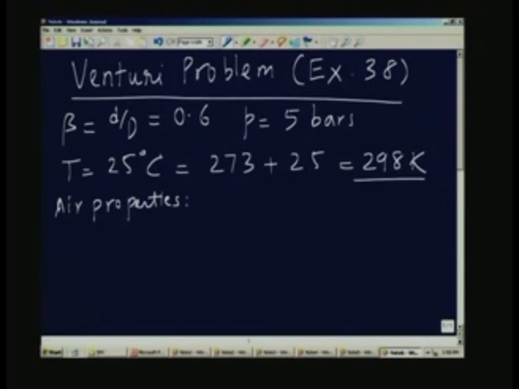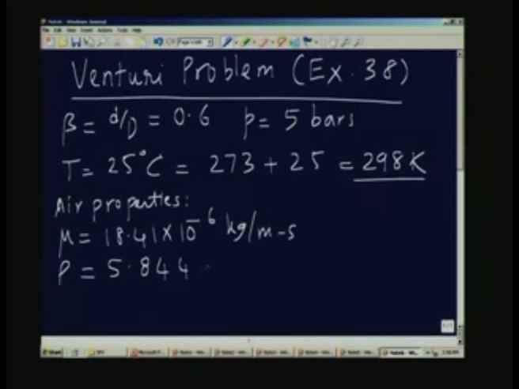The value of the viscosity is 18.41 into 10 to the power of minus 6 kilogram per meter second, and the density at 5 bars is given by 5.844 kg per cubic meters.